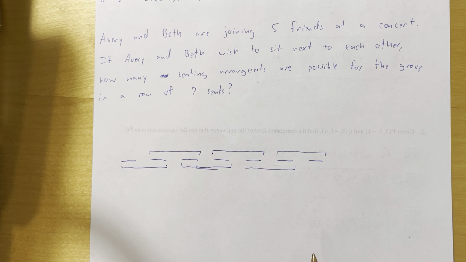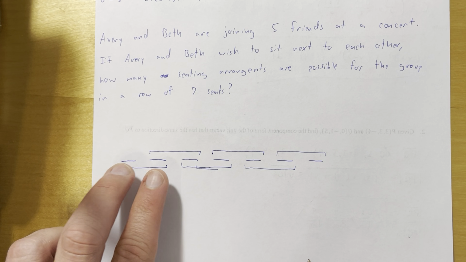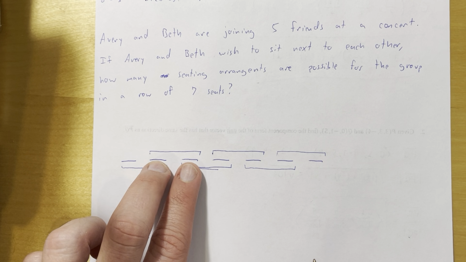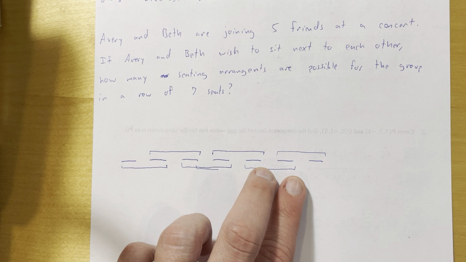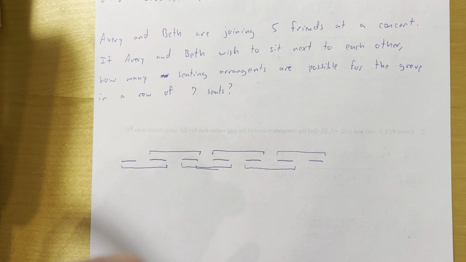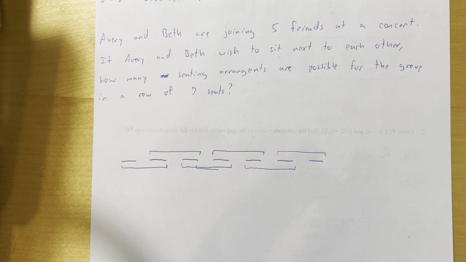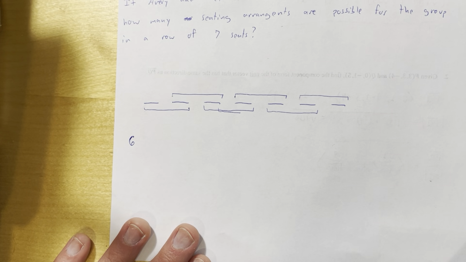So what that means is there's a total of 6 positions that Avery and Beth can be. Let me say that differently. There's a total of 6 pairs of seats that Avery and Beth can choose to sit in, so that they're side by side. Okay, 6 total.